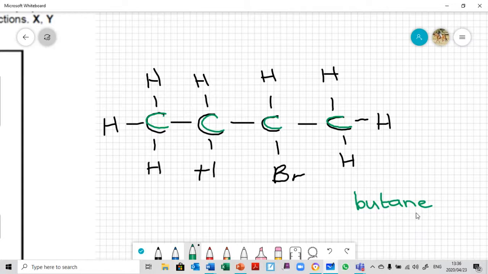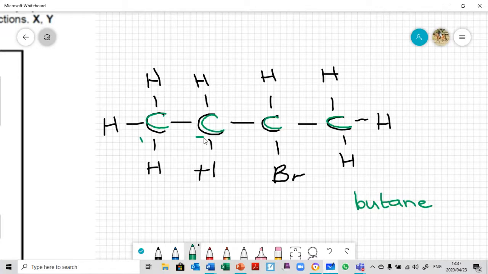Fantastic. Okay. Now we have to deal with the Br. And luckily, there's only one. There's nothing else added to this molecule that we have to worry about which way to count. You only have to worry about the Br. If we count from left to right, then it's 1, 2, 3, and 4.